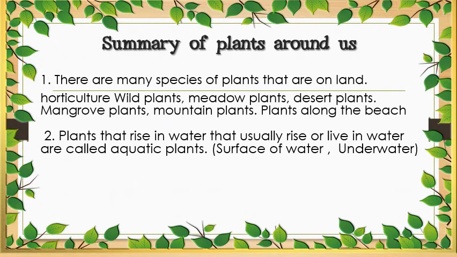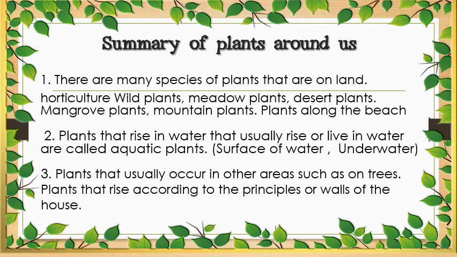Number two, plants that usually live in water are called aquatic plants. These plants grow on the surface of water, above water, or under the water.